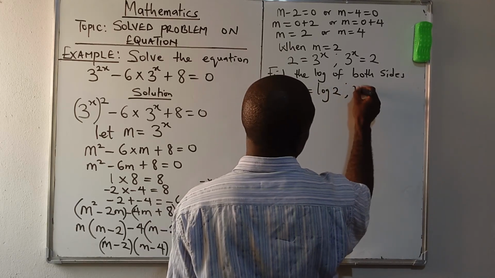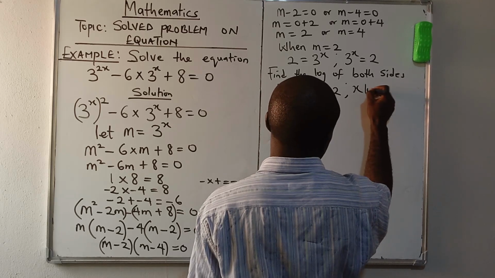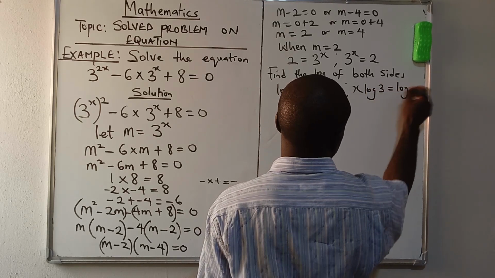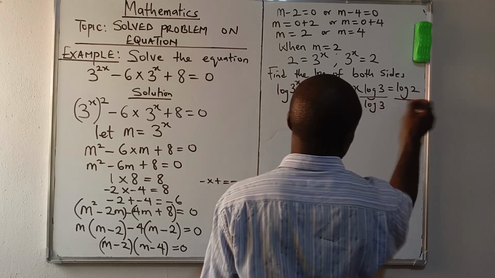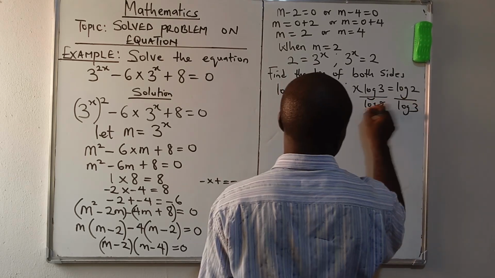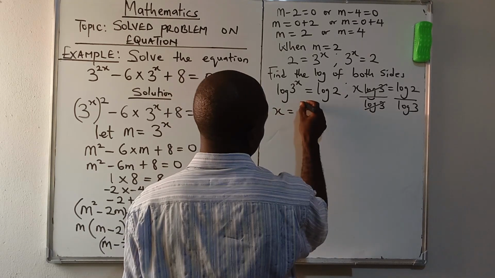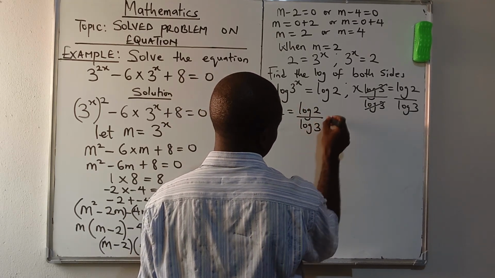The x will move in indices, it will move to the front. x log 3 equals log 2. Divide both sides by log 3. Log 3 cancels log 3. x equals log 2 over log 3.